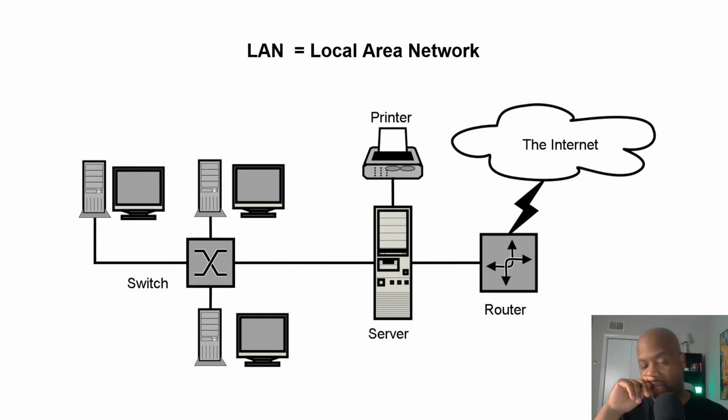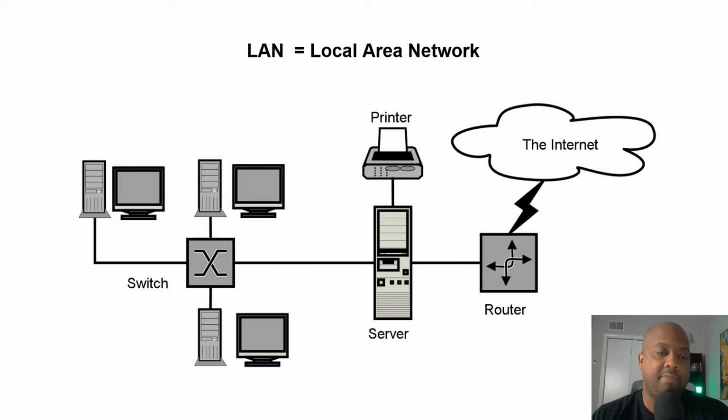So if you work in an office, or if you work in a retail store, in the service industry, or in a hotel, within that building or that confined space, your IT department will have built you a local area network. And so that describes this web, this fabric that allows you to communicate locally.